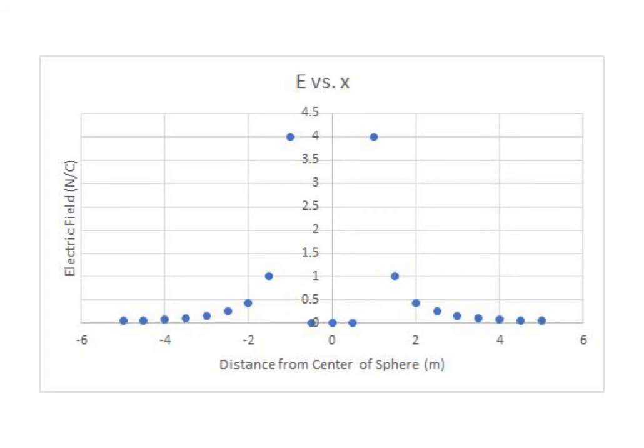If I depict my electric field versus distance graphically, I get an electric field that gets asymptotically high. It's going to get very, very high the closer I get to my hollow sphere. You'll also notice that my electric field is dependent on 1 over my distance squared, which again is the same as the electric field for a point charge.